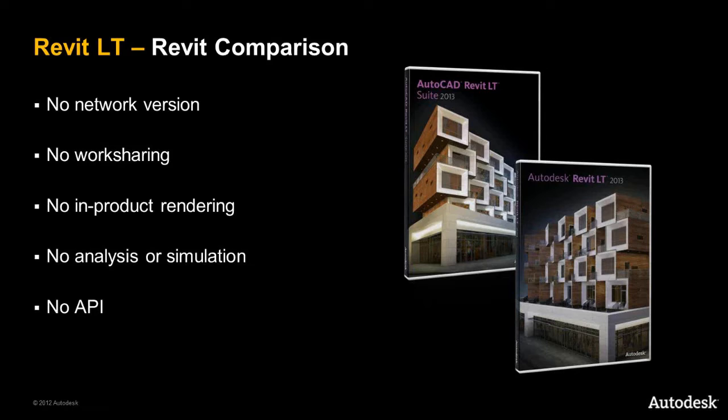And for those of you who aren't familiar with Revit, work sharing, we have various types, but the main one is really the ability to have multiple users work in the same project file at the same time. So someone may be working on the cores, someone may be working on the external envelope, someone may be working on the furniture layout.